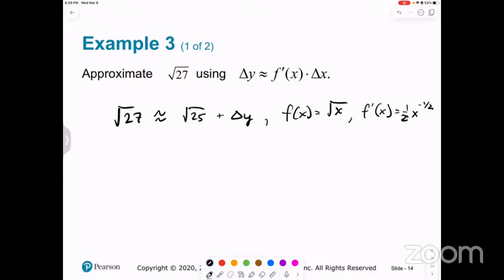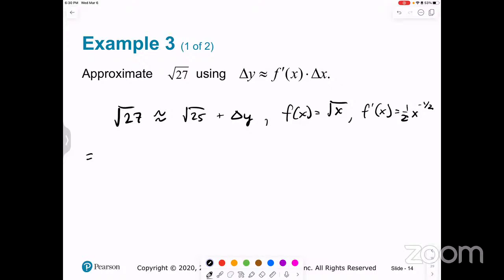Now, what's our change in x? It looks like our change in x is 2, right? Because we're basing this on the square root of 25, but we want the square root of 27. So the change in x is going to be 2. Let's keep going with this train of thought and see what happens.